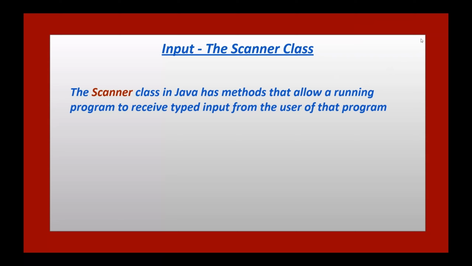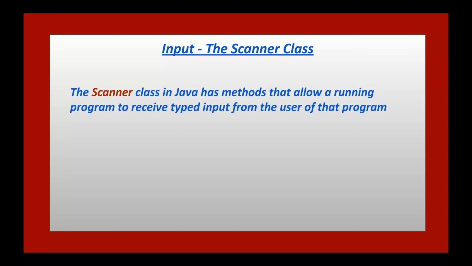So the scanner, a data type or class in Java, has methods that allow a running program to receive typed input from a user of that program. How it works is that it is going to be via a prompt, usually, where the program will present a question or a request to the user, like, what is your name? Or how many licks does it take to get to the center of a Tootsie Pop?